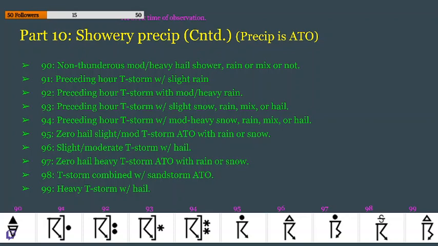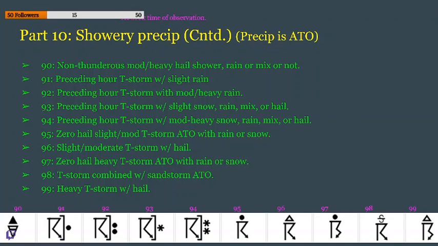That downdraft is going to be kicking up all that dust, and that could, and usually does actually, like Arizona, New Mexico, Nevada, produce dust storms. Last but not least, 99 is your heavy thunderstorm with hail.